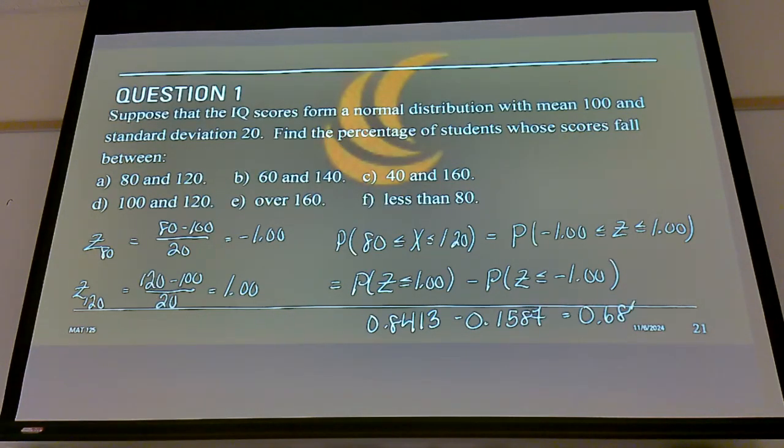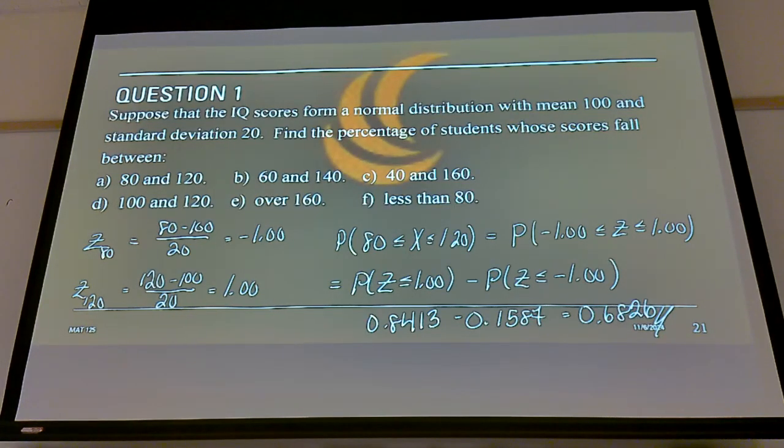The difference is 0.6826, which matches up with what we would expect from the empirical rule. About 68% of data falls within one standard deviation of the mean, which means about 68% of your data is going to be between negative 1.00 and 1.00 for a standard normal. So that matches up.